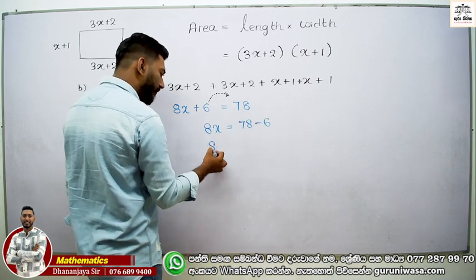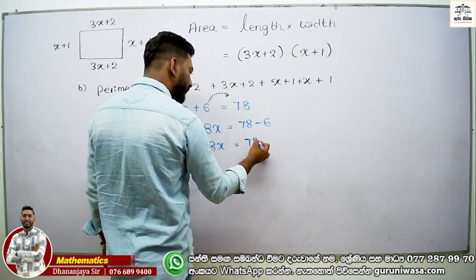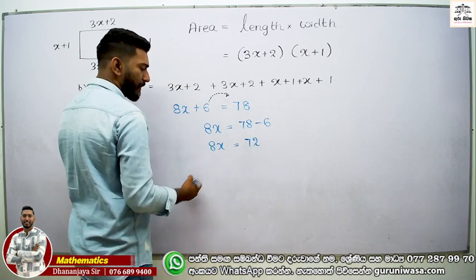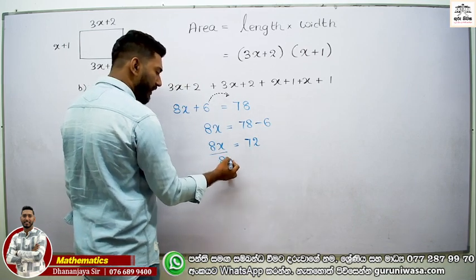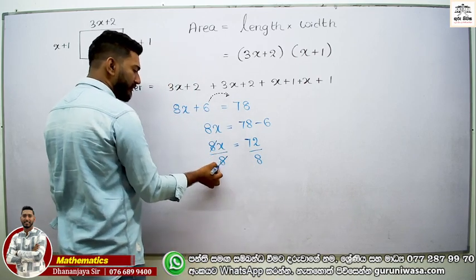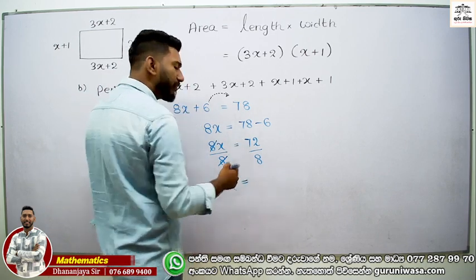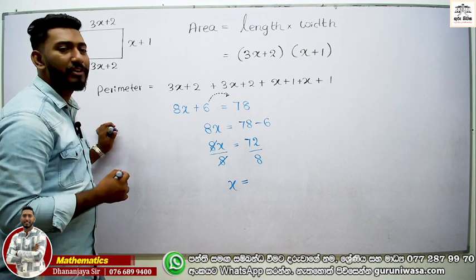You can simplify. 8x equals 72. Now we have to divide both sides by 8. Now 8 and 8 are eliminated. Now x equals 72 divided by 8. What is the answer? 72 divided by 8.